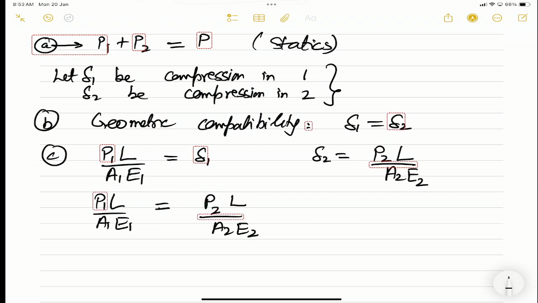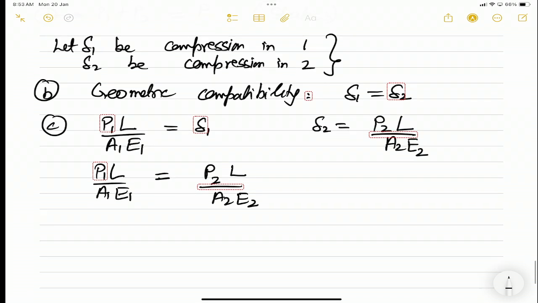So, this is how we can then solve statically indeterminate problems.